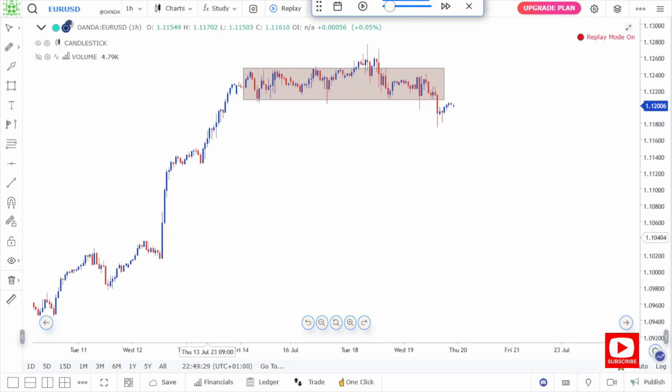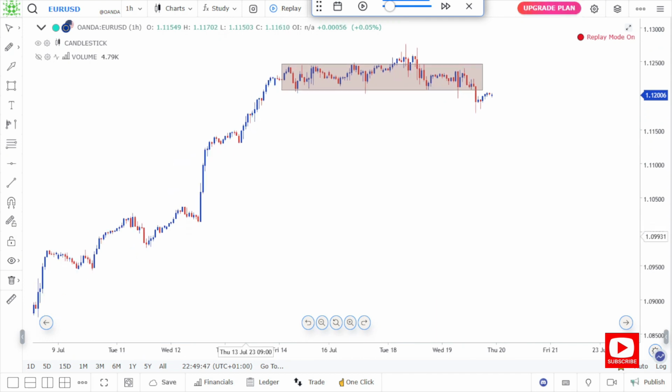which is the consolidation box. Now the consolidation box is price moving sideways without a certain direction. It's just hitting support, resistance, support and resistance till eventually a breakout occurs.